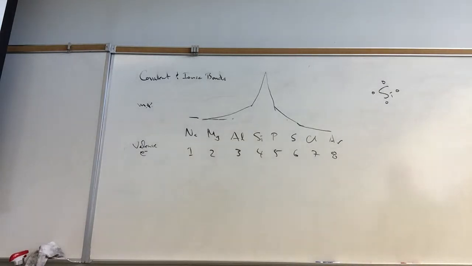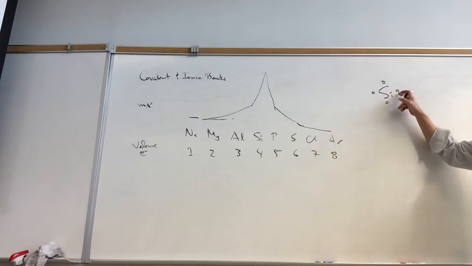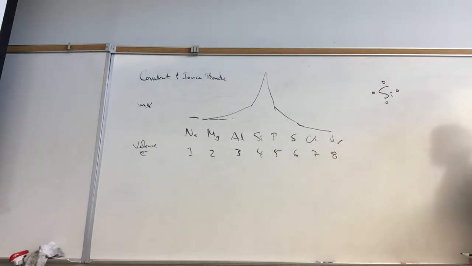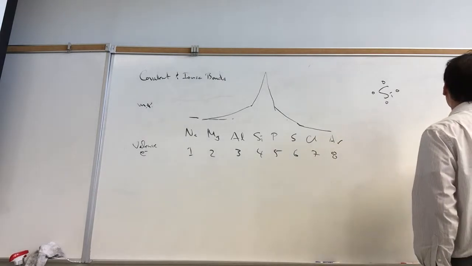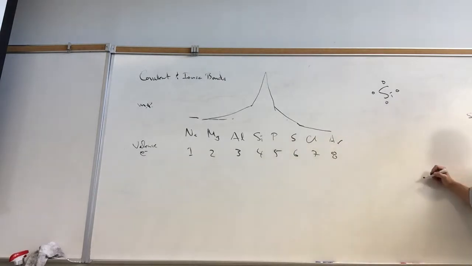Okay, so silicon has 4 valence electrons, but when we look at silicon's energy level diagram, it would be neon as far as the core goes, and then we have 3s2 3p2.